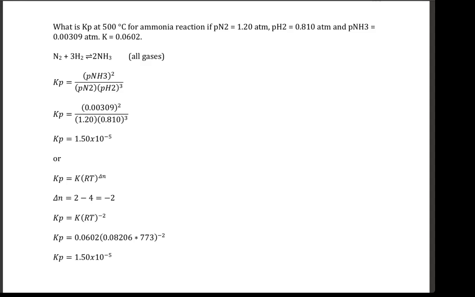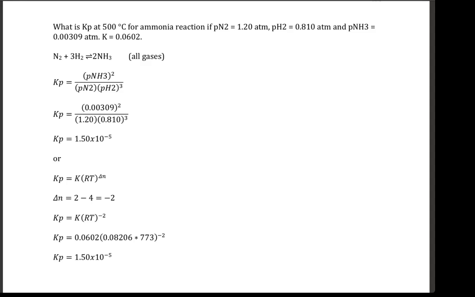Kp is equal to 0.0602 times 0.08206 times 773, which is the Kelvin for 500 degrees Celsius, that to the negative 2, and we get Kp is 1.50 times 10 to the minus 5.